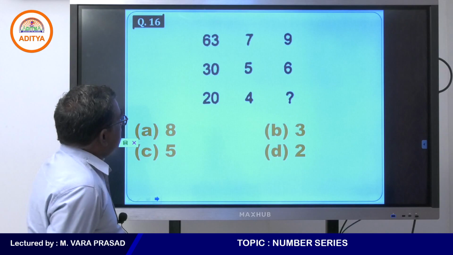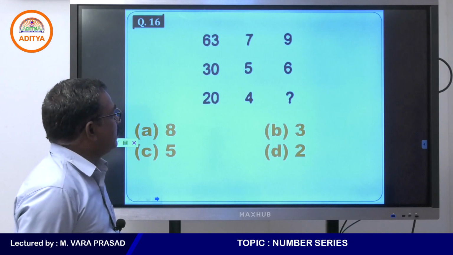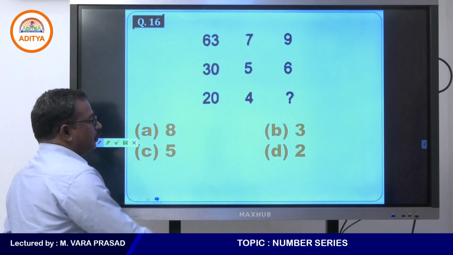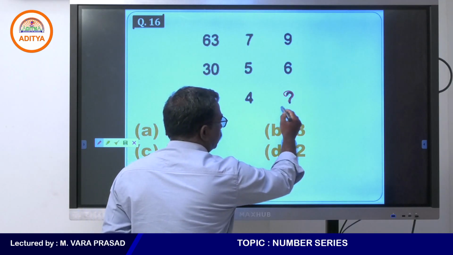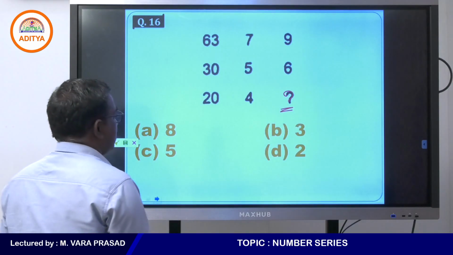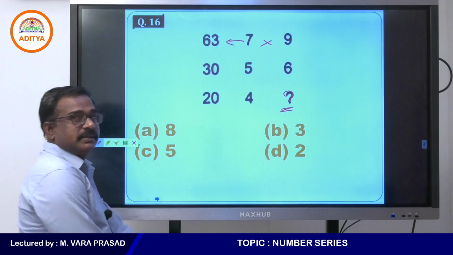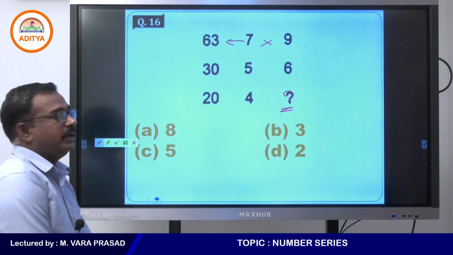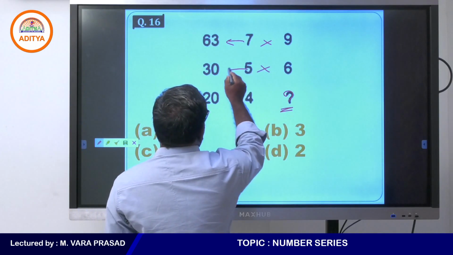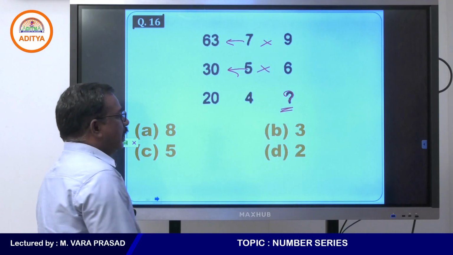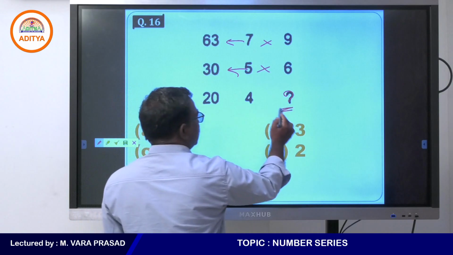Some numbers are given here: 63, 7, 9, 35, 6, 24, question mark. What will you get in the place of the question mark? 7, 9, 63; 7, 9, 63 and 5, 6 are 30. And in the place of the question mark, what number will be there?